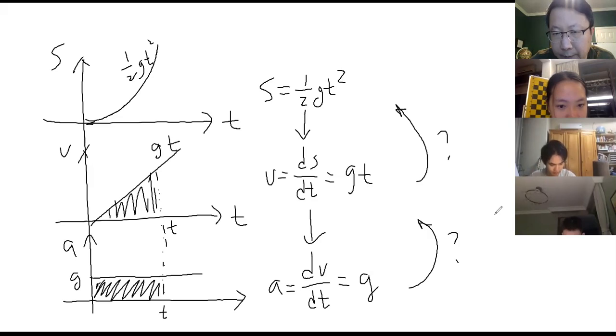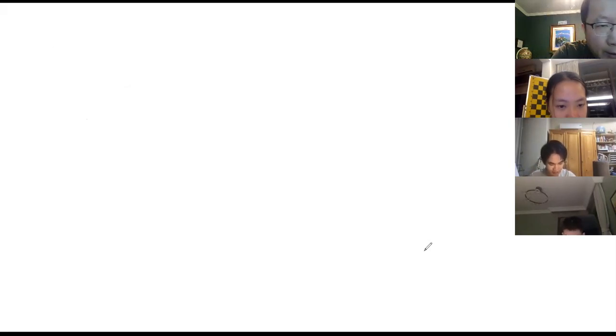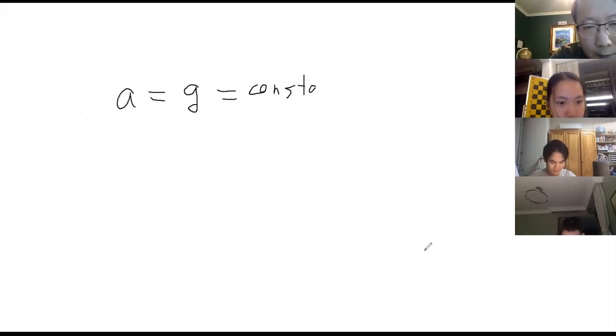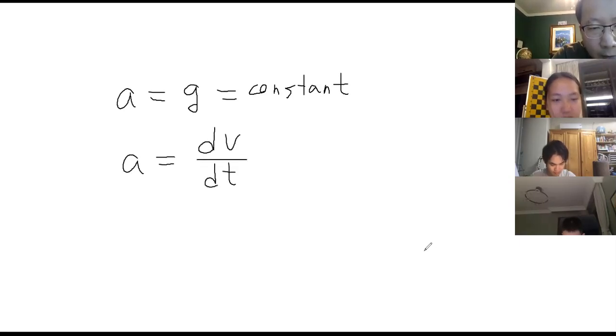Let's go here. Right now we have acceleration equals g, a constant, right? And I have the formula a is dv/dt, which equals g.